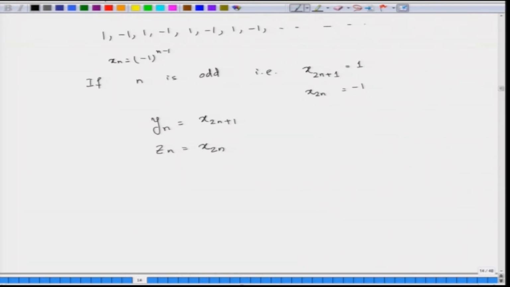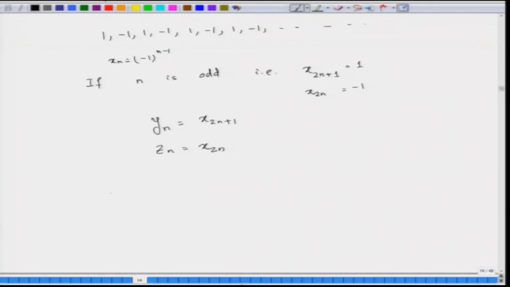Although the entire sequence may not converge, there is a part of the sequence containing infinitely many numbers, for example y_1 = x_3, y_2 = x_5, and so on, and this part of the sequence x_n converges.